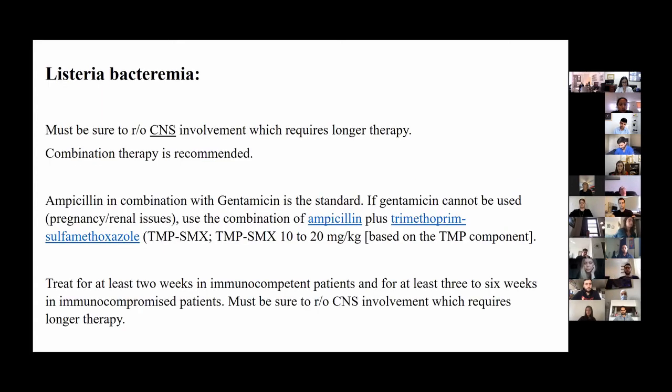Okay, so next, I'm not sure who was up at St. Luke's. We just recently had a case of an elderly woman with Listeria bacteremia. So it's usually seen in people with some kind of immunocompromising condition. It can be a marker for a malignancy.